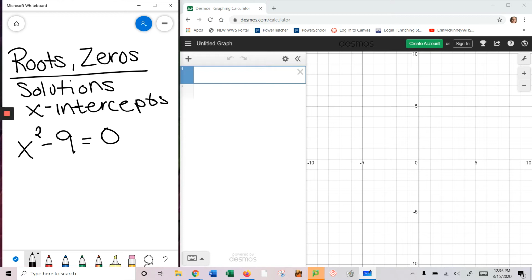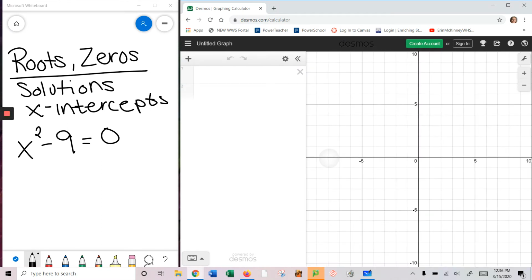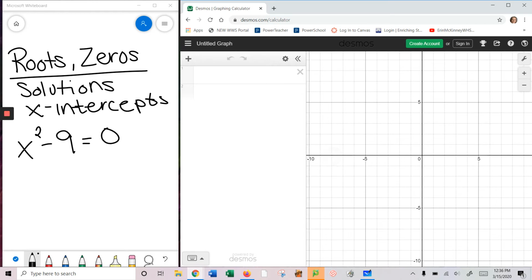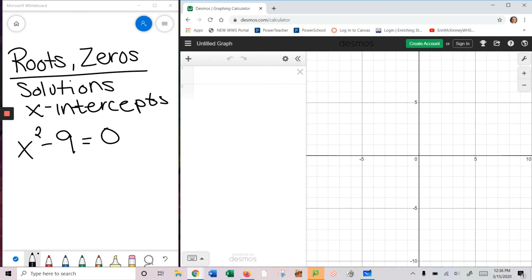And so what we need to realize is that an x-intercept, right, when we are on the x-axis, so if we have a point on the x-axis, maybe over here, if you look on the graph, the y value on an x-intercept is always 0.